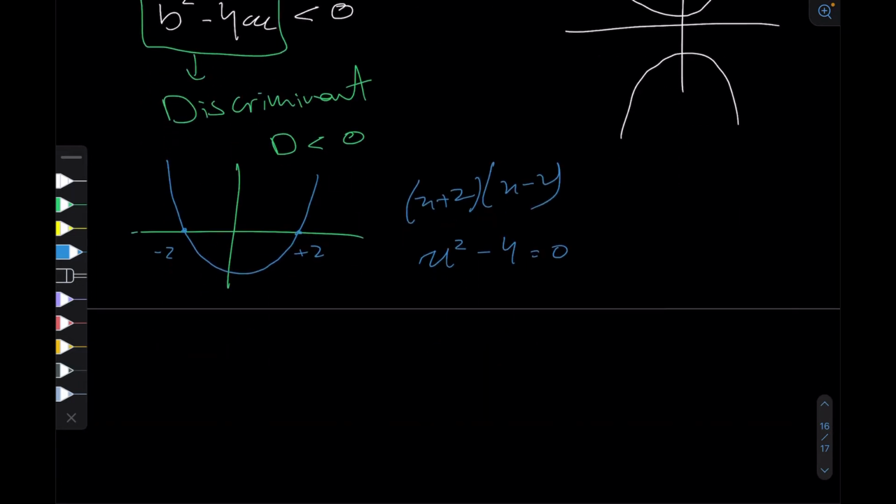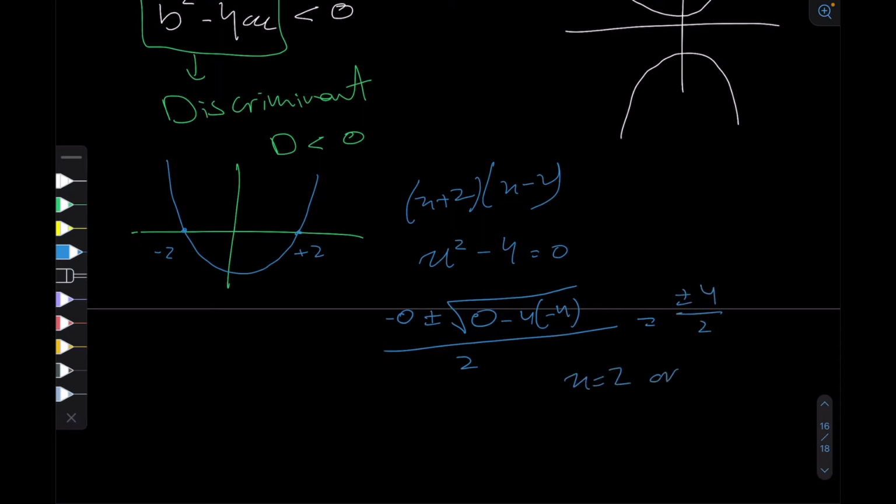If we try to apply our formula here, minus b plus or minus square root of b squared minus 4ac over 2a, negative 4 times negative 4 is 16, the square root will be 4, over 2. So we get plus minus 4 over 2, and so we get x equals 2 or x equals negative 2.